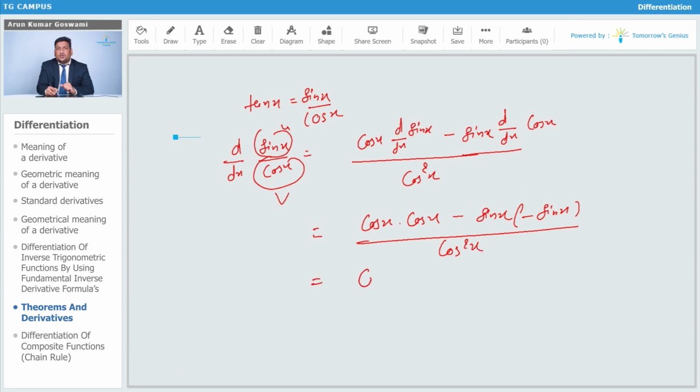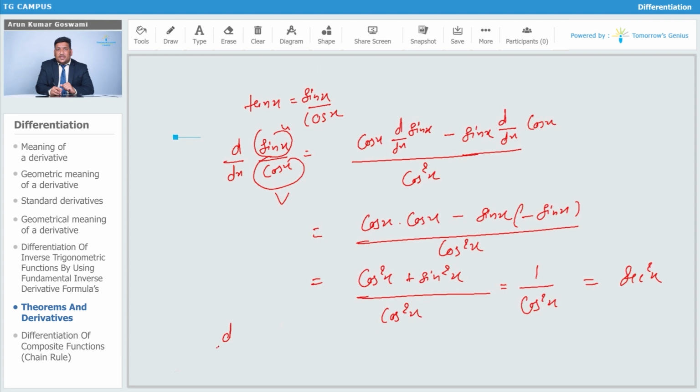Now what we got in the numerator, cos square x minus minus, positive, sin square x, divided by cos square x. As we know this identity, cos square x plus sin square x is nothing but 1, so we can write 1 by cos square x, and we also know that 1 by cos square x is nothing but secant square x.